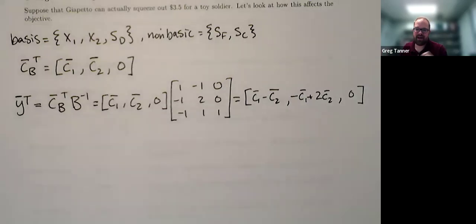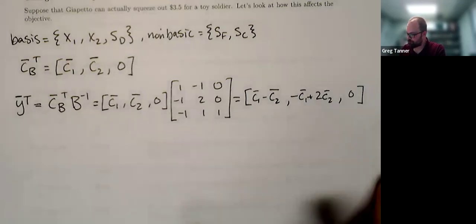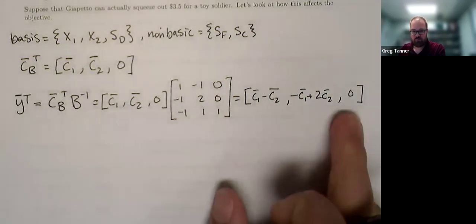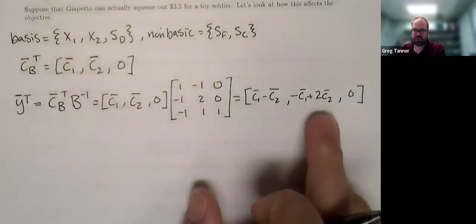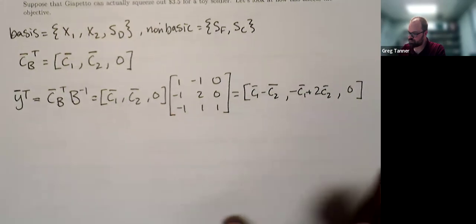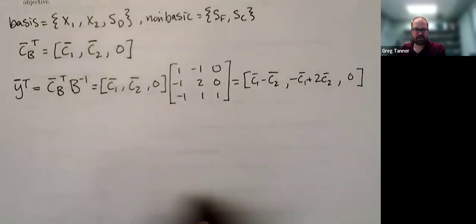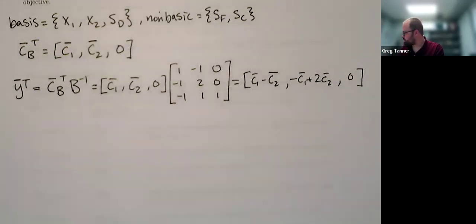And so it's going to have 0 for its shadow price. There's no value to increasing the demand for soldiers if we're not making the full 40 units of soldiers right now. Okay. So those are our dual variables in terms of changing C1 and C2. Okay. Now let's think about, okay, what else changes in here?